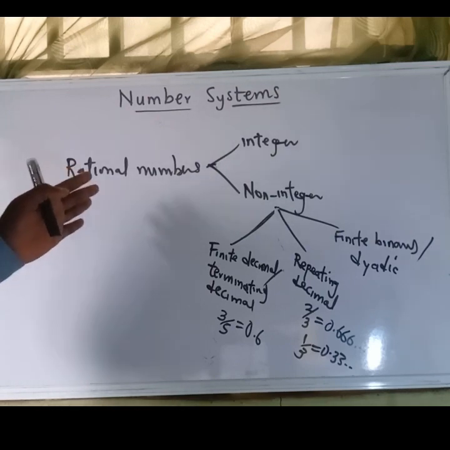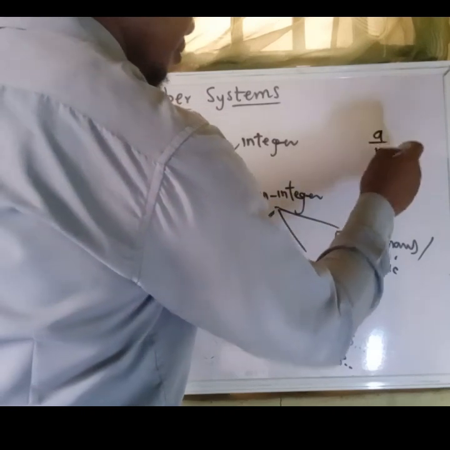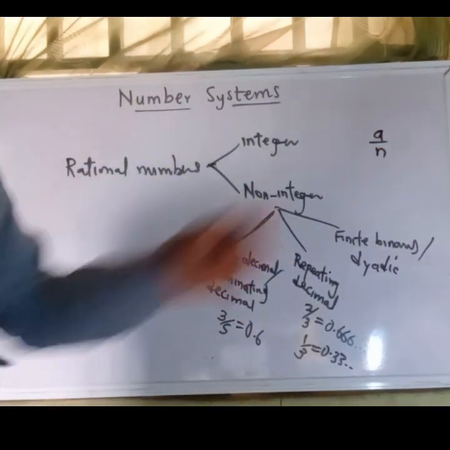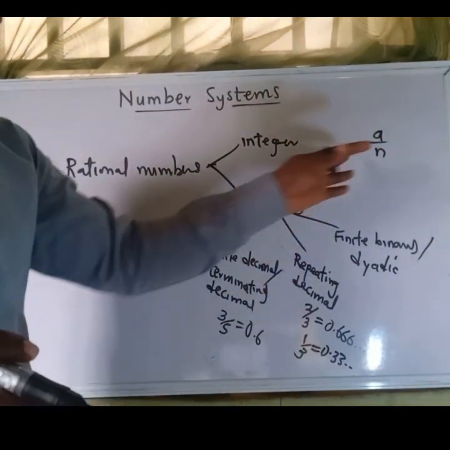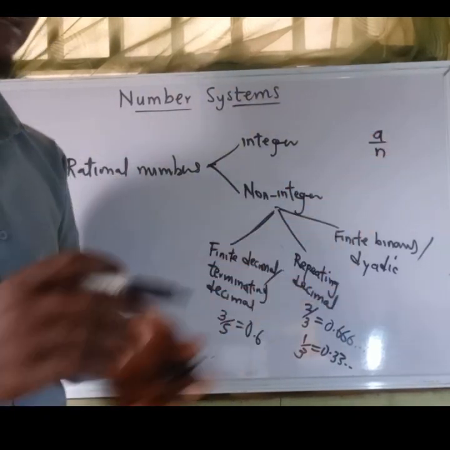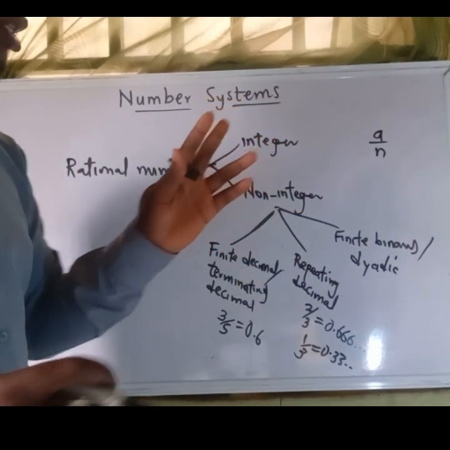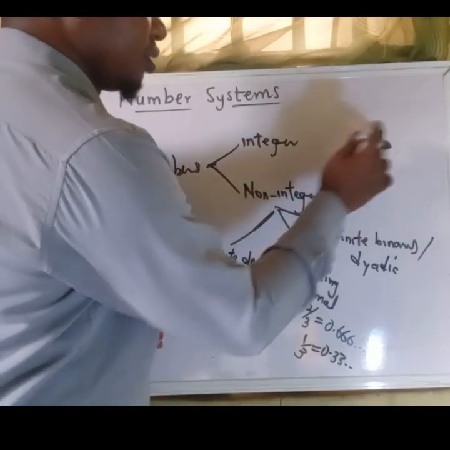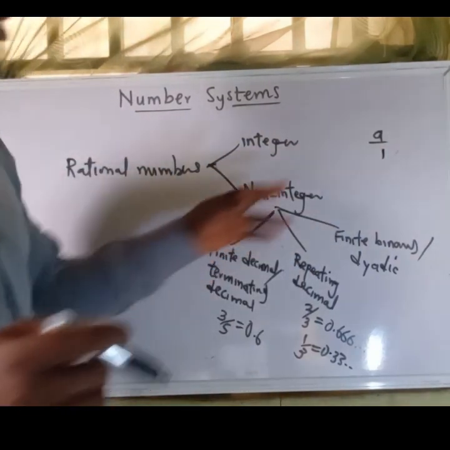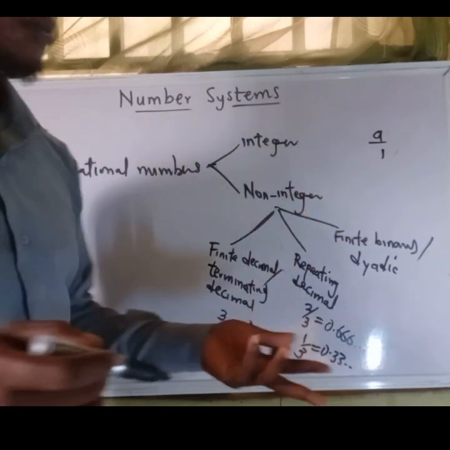You will recall that if you have a number over a number like this, we call these rationals, and we say integer numbers are inside it. Those integers can only be gotten if the denominator is 1. So if we say this a is 2, 2 divided by 1 is 2.